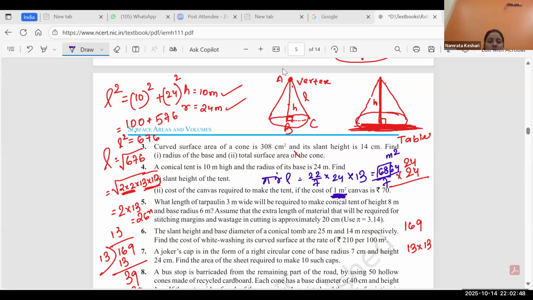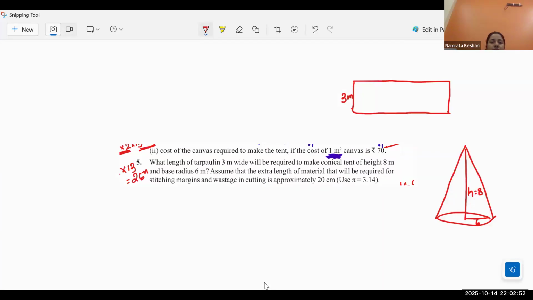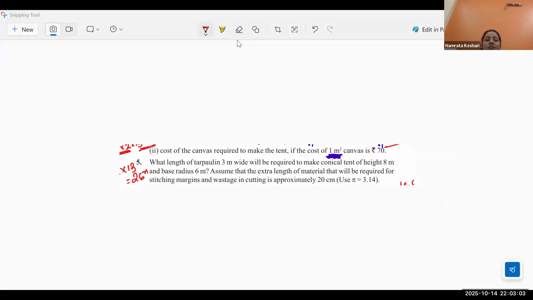Okay, this is our next question, number 5. Can you see on this screen number 5? It says what length of tarpaulin 3 meter wide. What is tarpaulin?